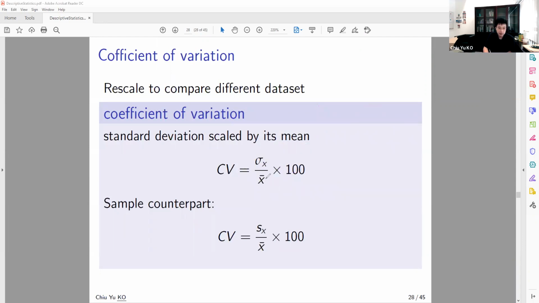But why do you want to divide by the mean? Suppose one data set is like this, and the other data set is like this. You would say these actually have the same dispersion, right? But they don't have the same standard deviation.